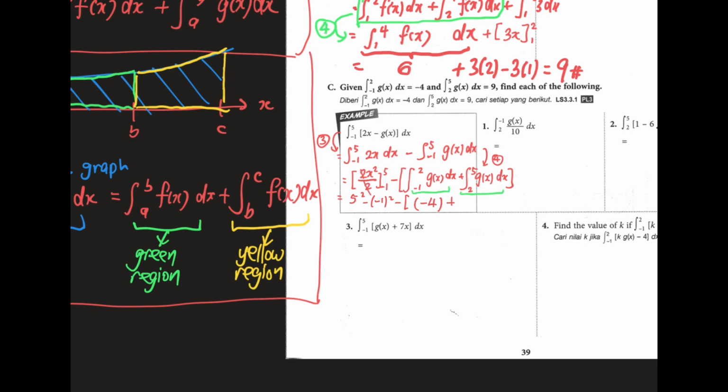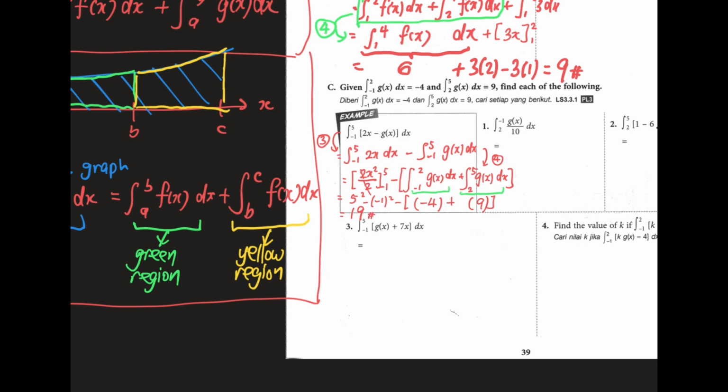Integrate 2 to 5. This whole thing is equal to 9. And then equal to, use calculator. Okay, 5 square 25 minus 1 minus -4 plus 9, 19. Okay, so 19 the final answer.